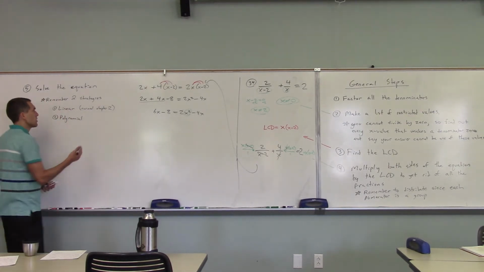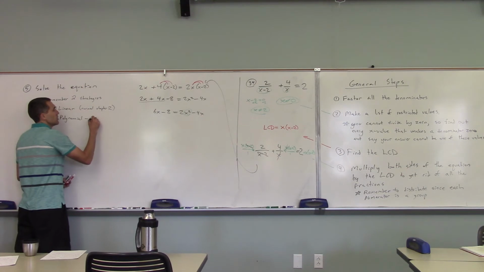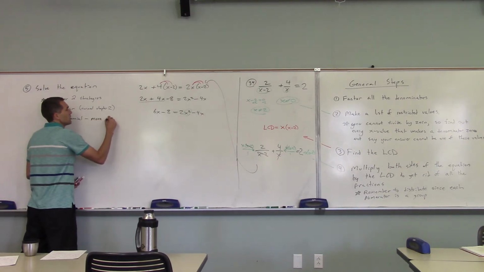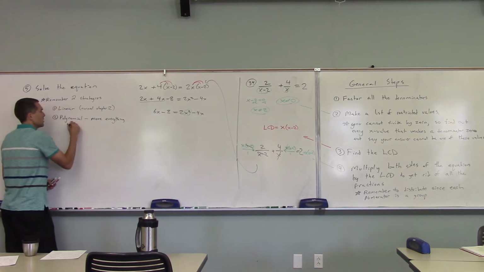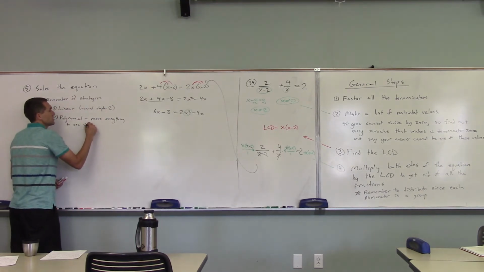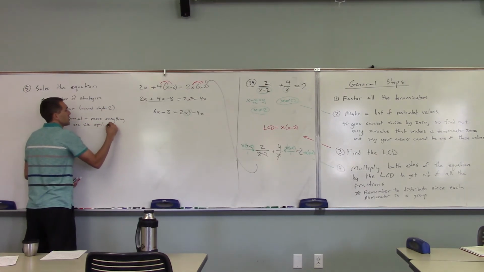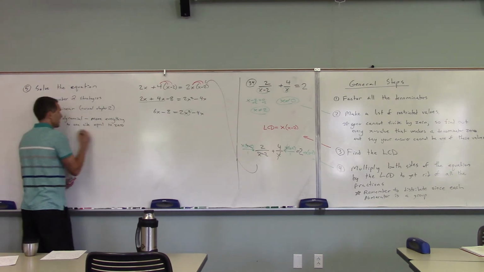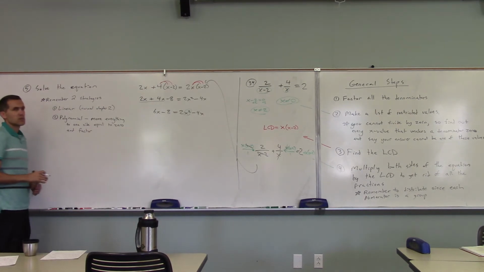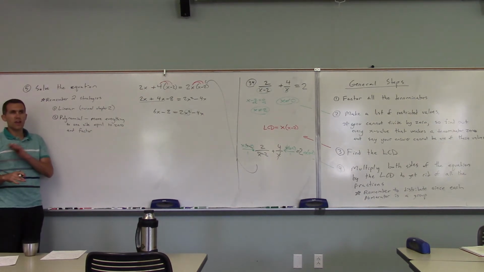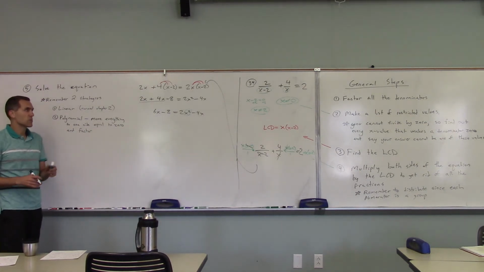Has to be equal to 0. So for a polynomial, move everything to one side equal to 0, and factor. Okay, that's our general strategy for every polynomial, and we saw the x squared there.